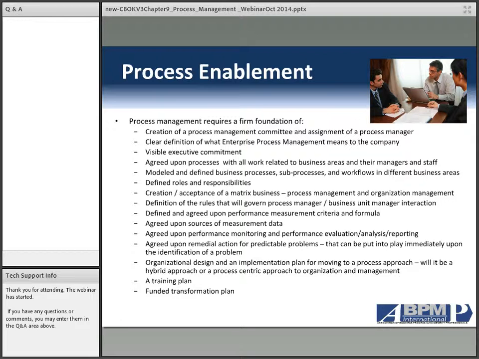Performance measurement at the process level becomes very different than performance measurement in the individual business unit, because here you're worried about the health, the effectiveness and the efficiency of the overall entity, the process itself. As it winds into the company and out of the company, using external and internal resources, how does that all come together?